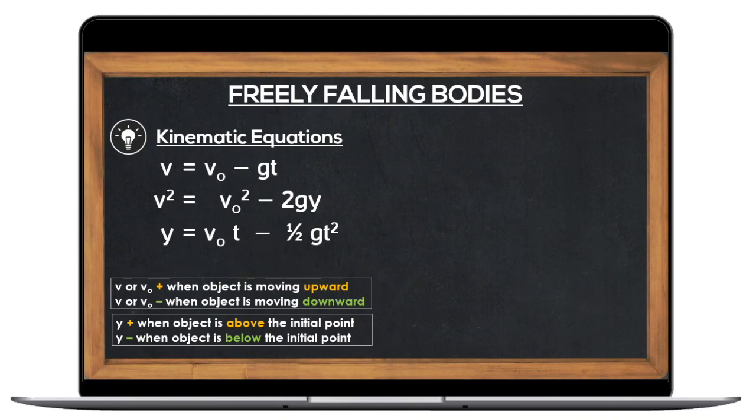Because if we make a mistake in representation, even in the sign here, our solution will be wrong. Again, the signs denote the direction of the motion and the position, whether it is above or below the reference point or the initial point. So, let's apply the following formulas in the following set of examples.